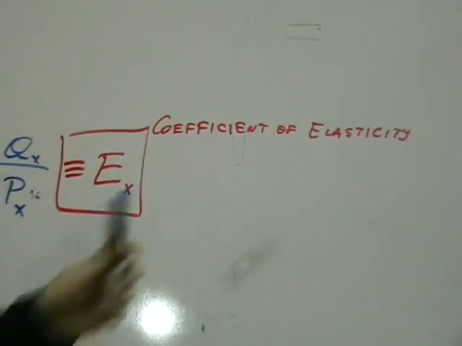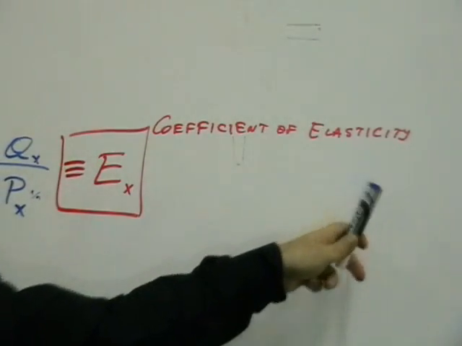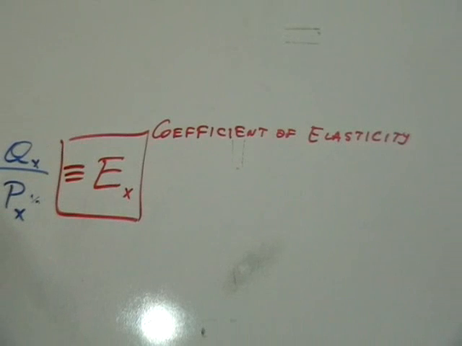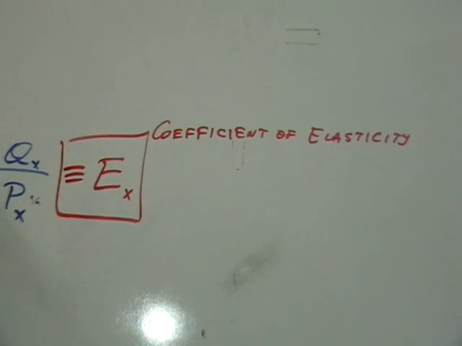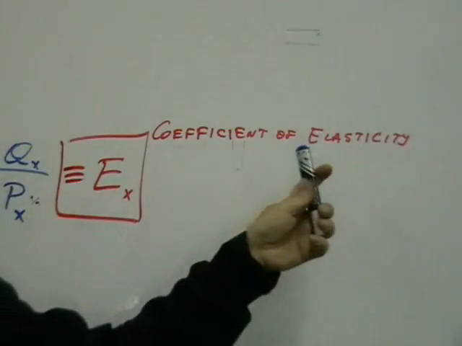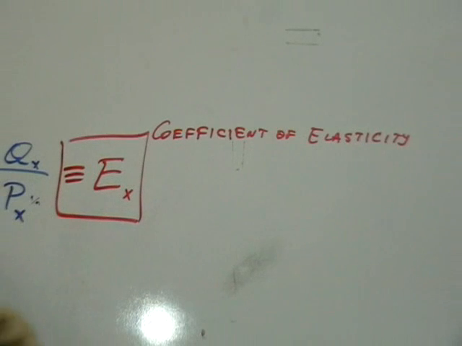In other words, coefficient of elasticity is defined as delta quantity in percentage terms, divided by delta price in percentage terms, and is the natural measurement of the elasticity of demand.